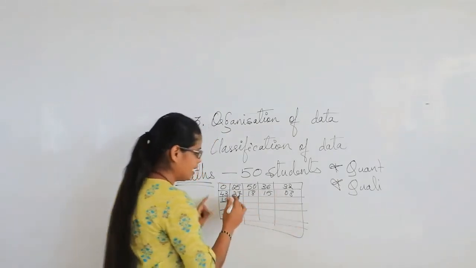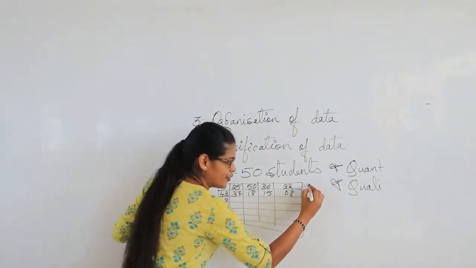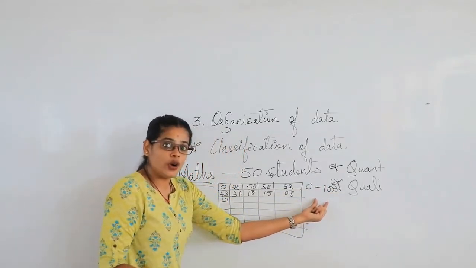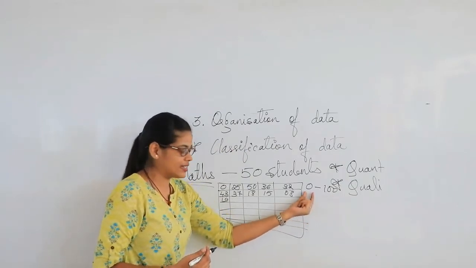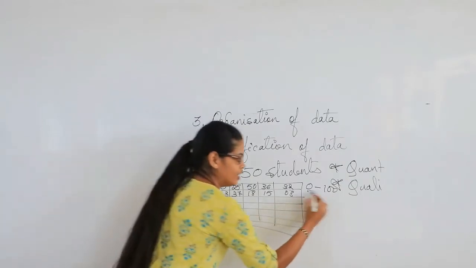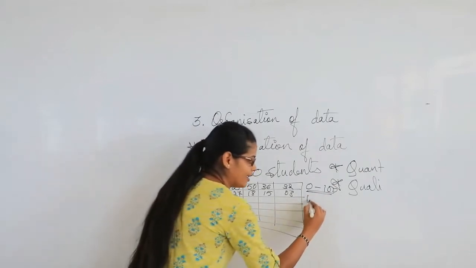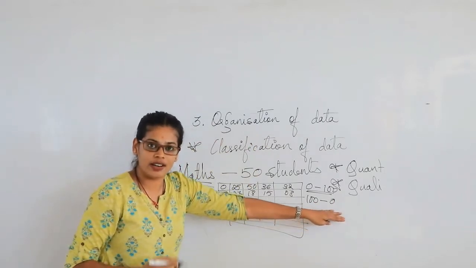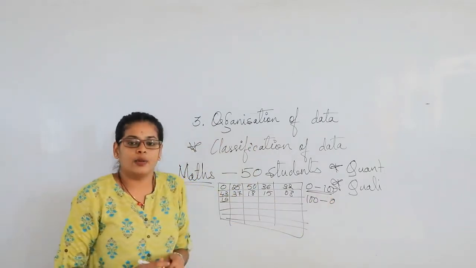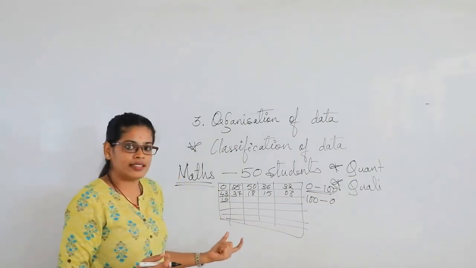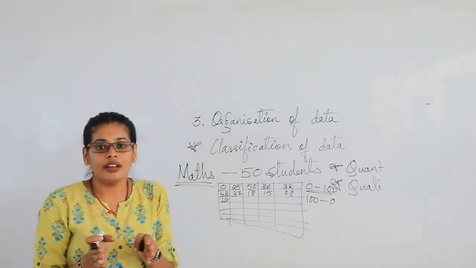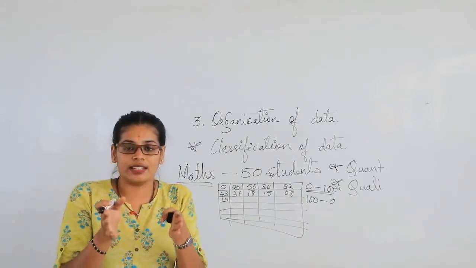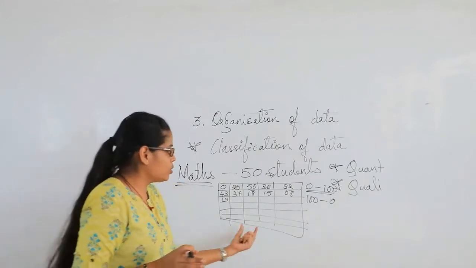Either this data can be arranged from 0 to 100, because the maximum marks scored in mathematics is 100 and the least is 0, or I can arrange it from 100 in decreasing order to 0. Or I can arrange it according to the kind of topic I am choosing, which is my subject.